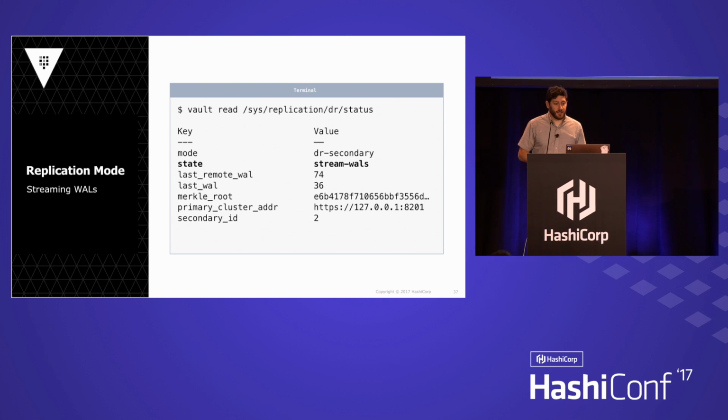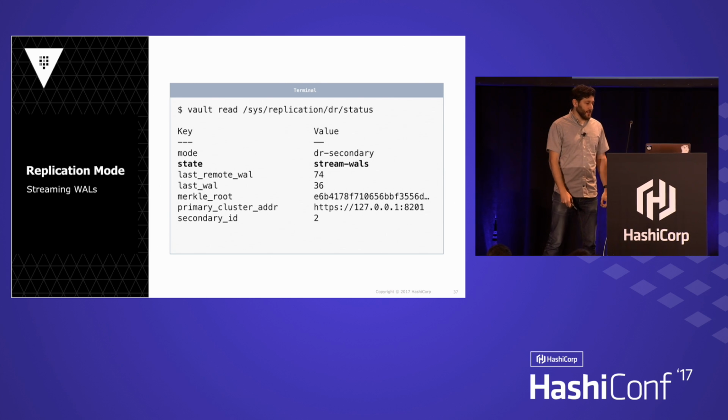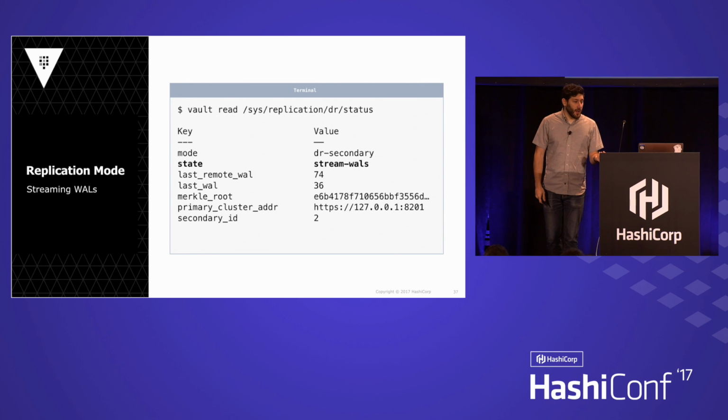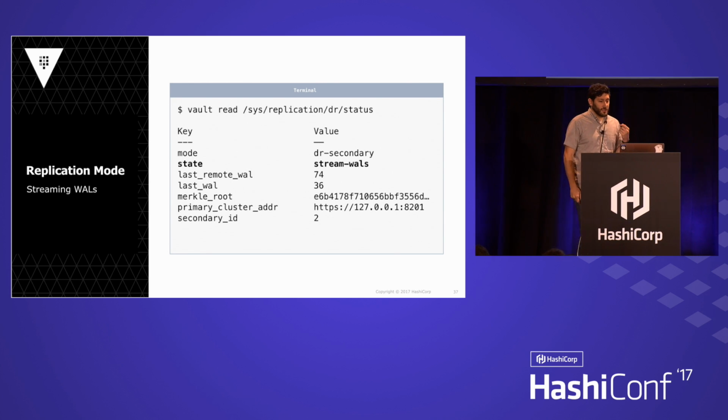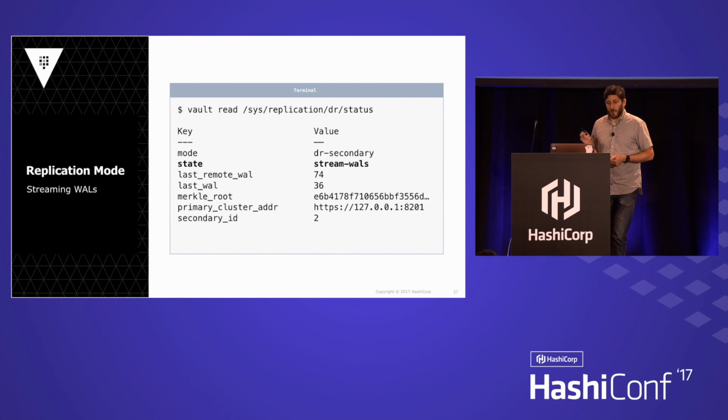And we see that it's in mode dr secondary, which seems right. It's supposed to be a DR secondary. And then we see that its state is streaming-wal. That means that we're in streaming WAL mode.